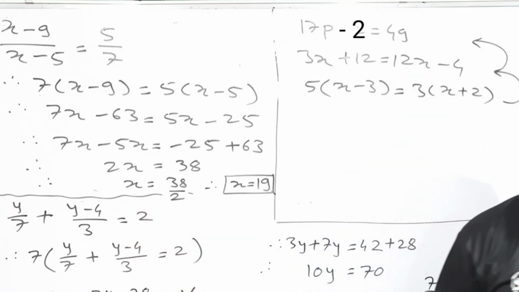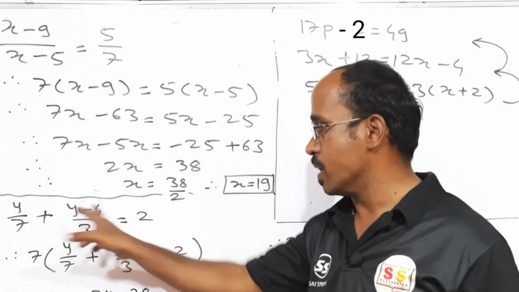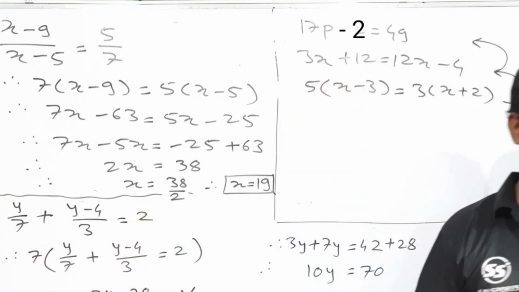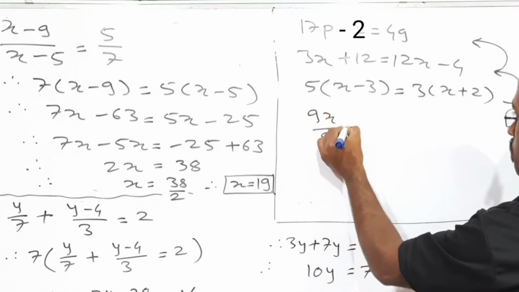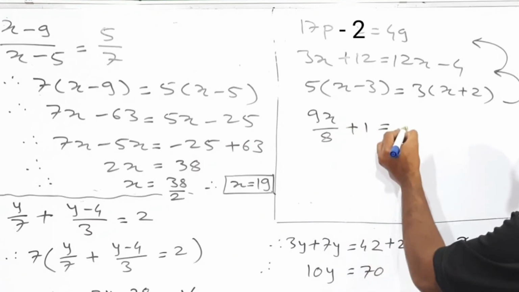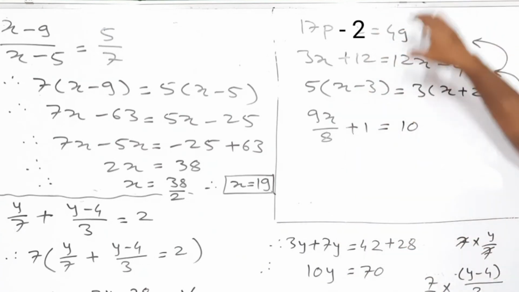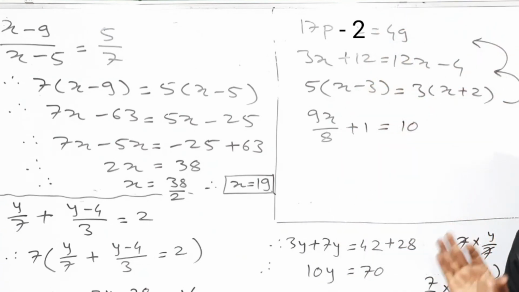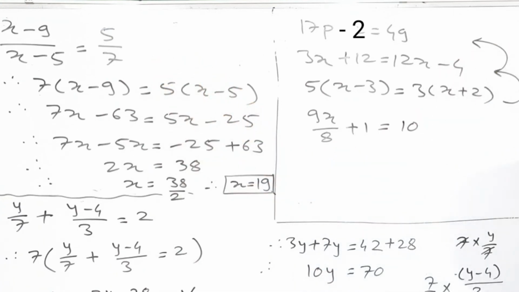So for that we solved this equation y upon 7 plus (y minus 4) upon 3 is equal to 2, as well as we solved 9x upon 8 plus 1 is equal to 10. Clear?